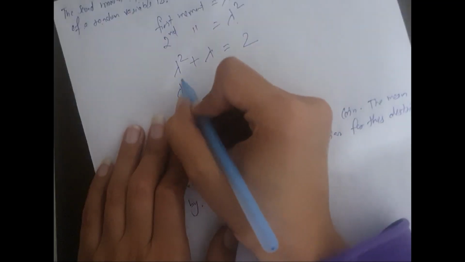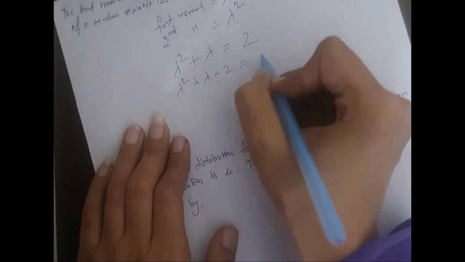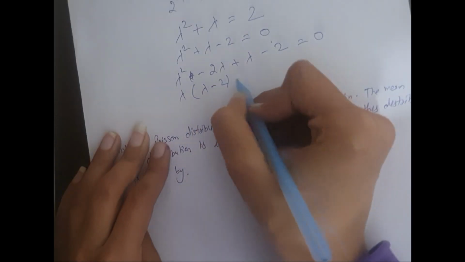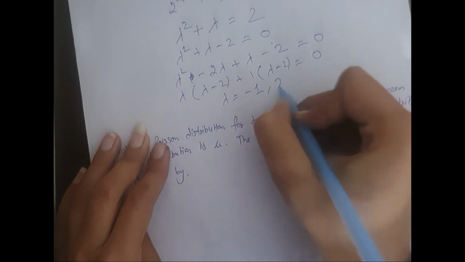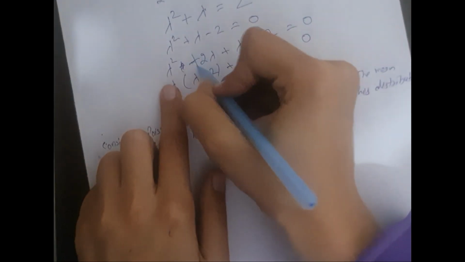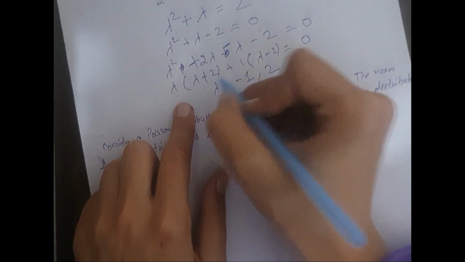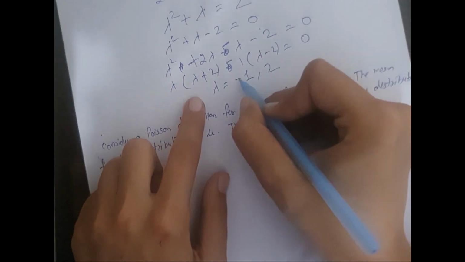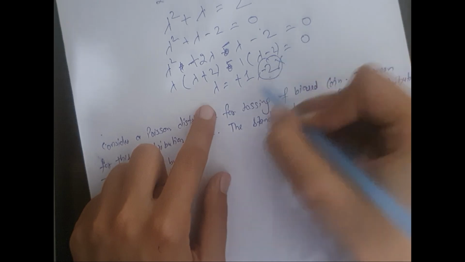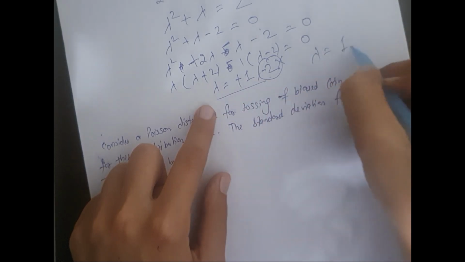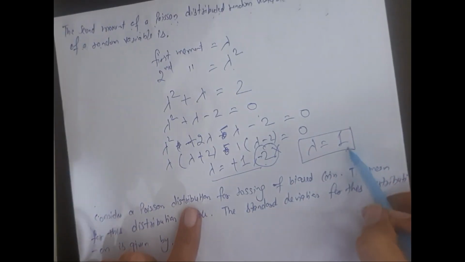This is the meaning of this. Now solve it and you will get your answer. Sorry, this will be plus, this will be minus, this is negative, ignore this, and lambda came out to be 1. This is the answer. Mean came out to be 1.